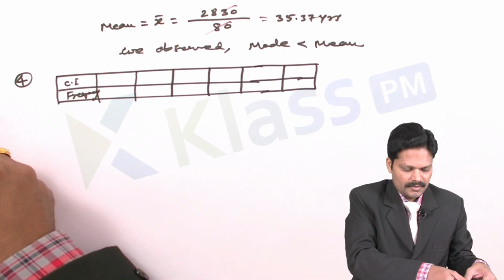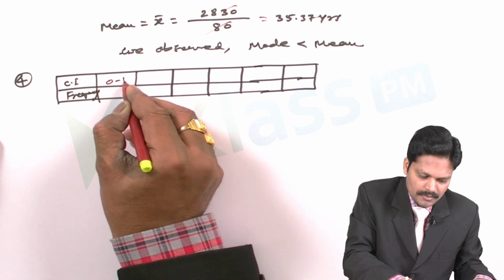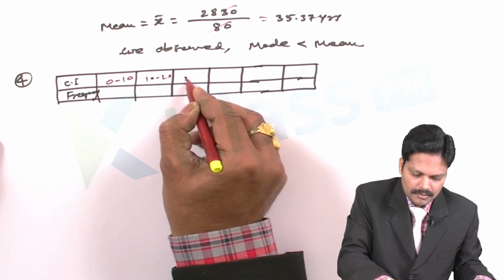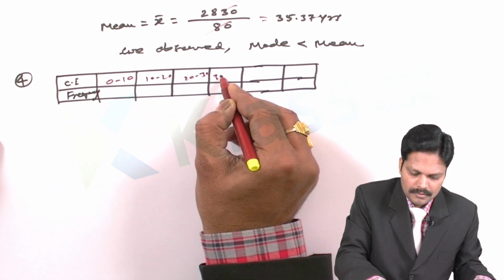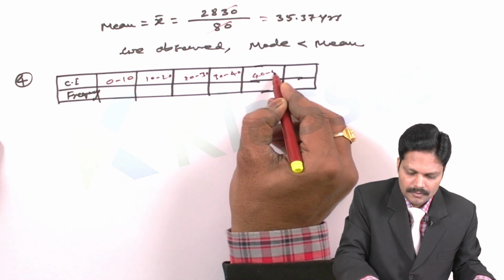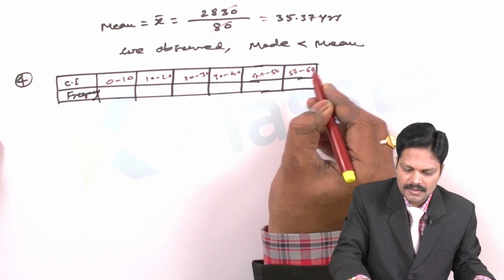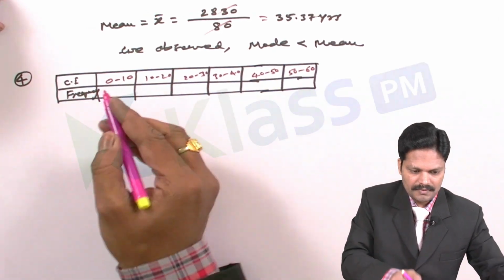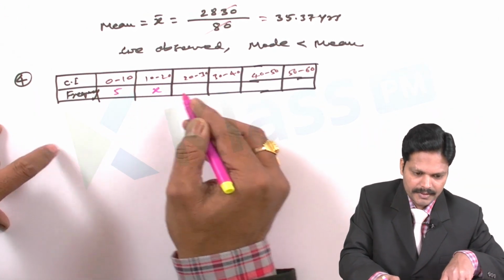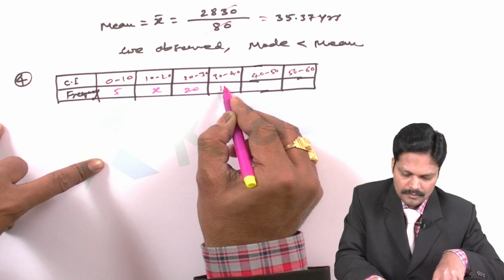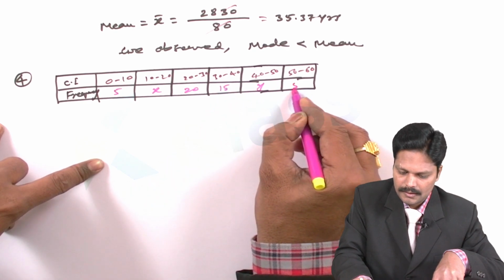In the 6 columns we write the class intervals 0 to 10, 10 to 20, 20 to 30, 30 to 40, 40 to 50, 50 to 60. The frequencies are 5, X, 20, 15, Y and 5.